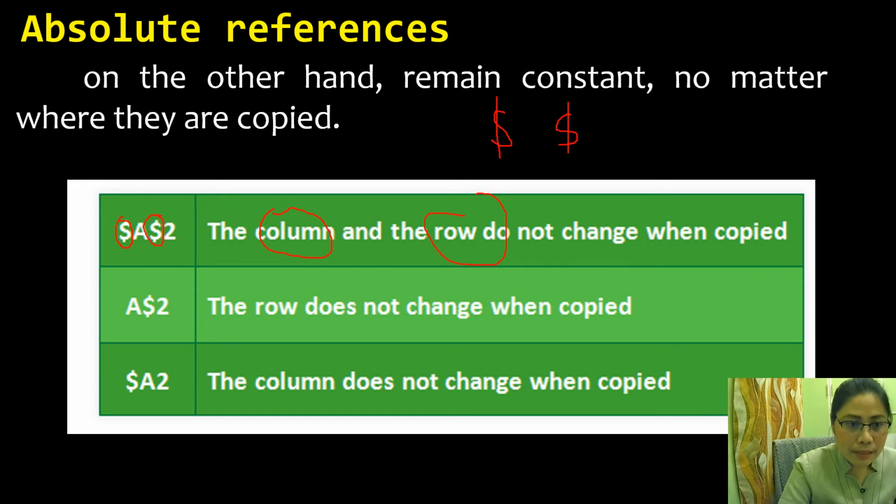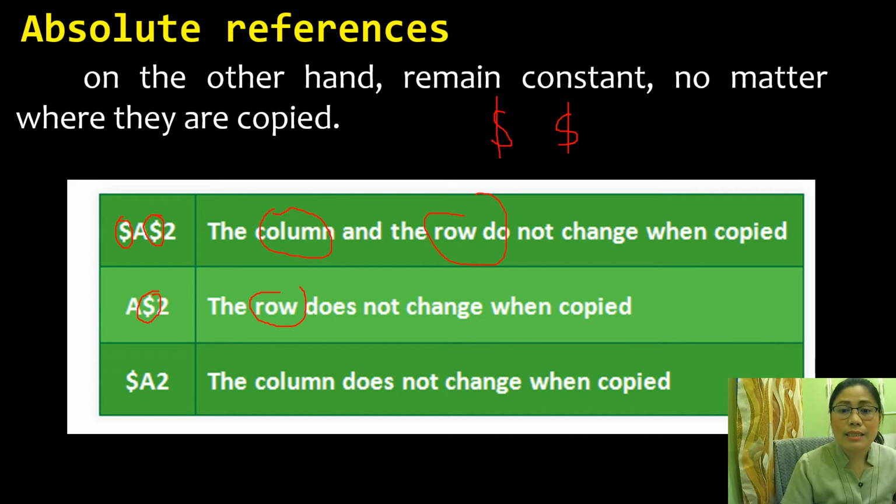And then, ito naman, ang nilagay naman siya sa row, ay yung dollar sign naman ay nakalagay sa row. So, the row does not change when copied naman. Ito naman, class, nilagay naman siya sa unahan. So, ibig sabihin yung column lang. So, yung column naman na yun ang hindi magbabago when copied.